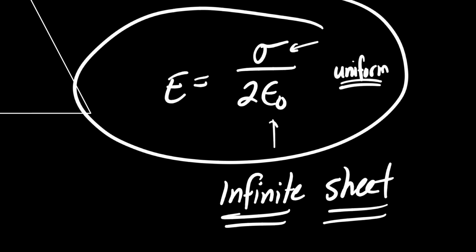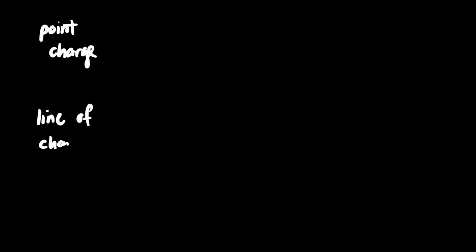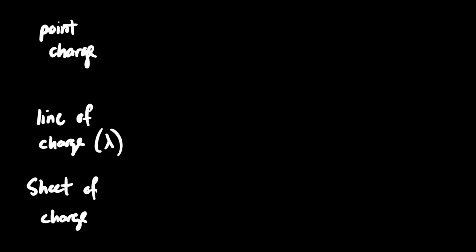So putting all this together in one place, kind of as a reminder, we have a point charge, a line of charge, and a sheet of charge. Again, we did this on Friday, but just a reminder: the electric field here is Q over 4 pi epsilon naught r squared, where r is your distance from the point.